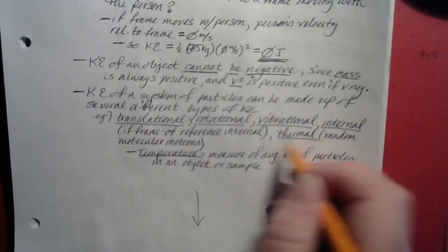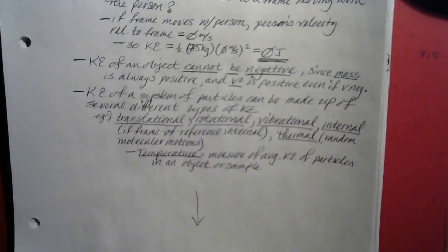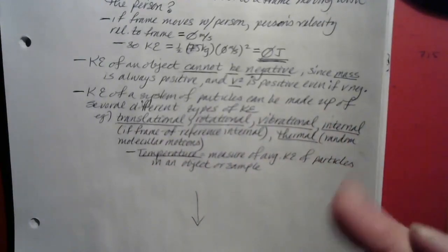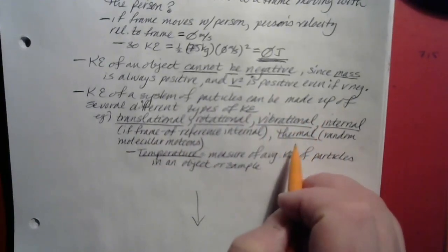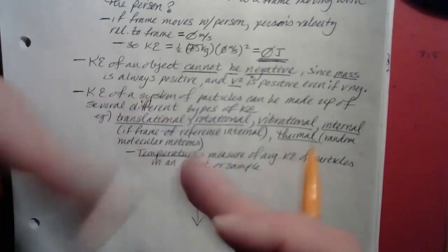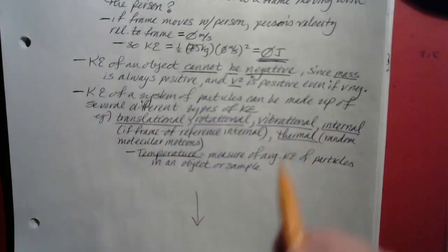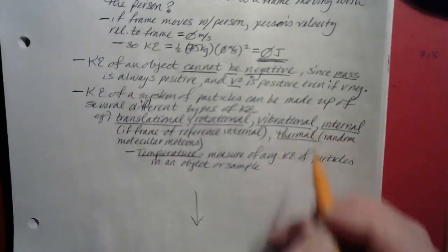There's also thermal kinetic energy, whereas vibrational kinetic energy can be caused by heat. That is, heat will cause molecules in a sample to vibrate back and forth, and the more heat they get, the faster they vibrate. That's considered vibrational kinetic energy.